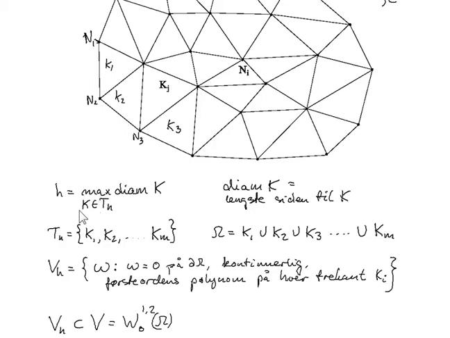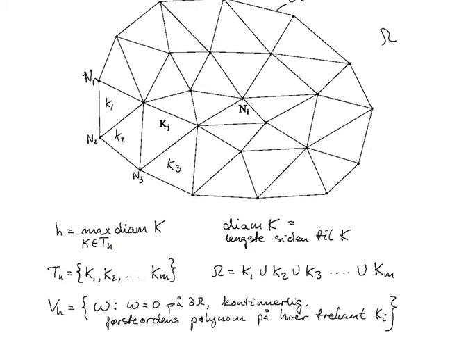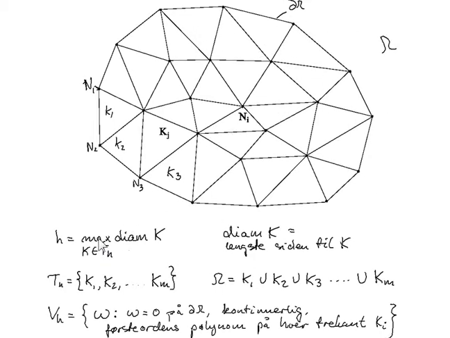So when we find the maximum length in all of omega, then we call this maximum length h. So, where do we see this maximum length? Maybe this side is the longest side in this triangulation. So then h would be this length.